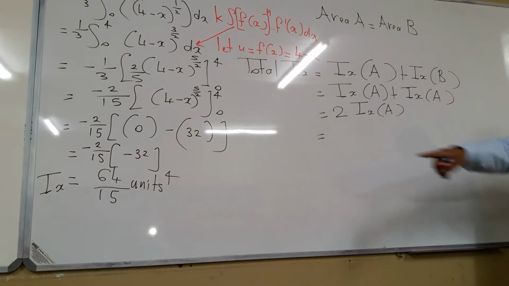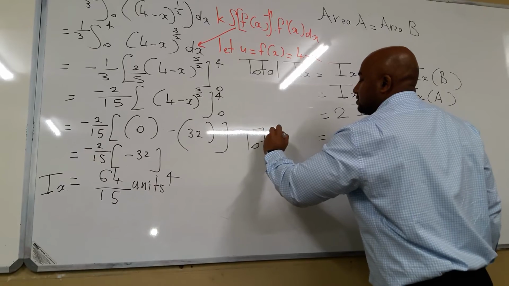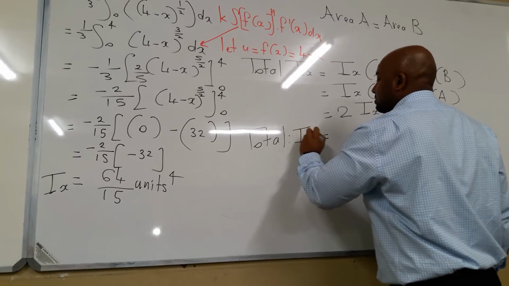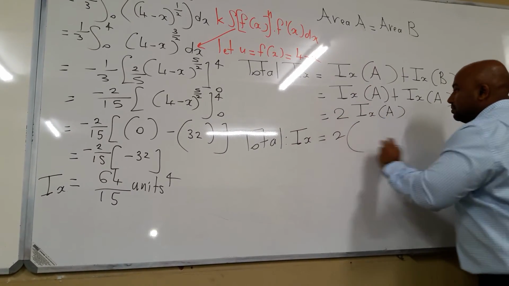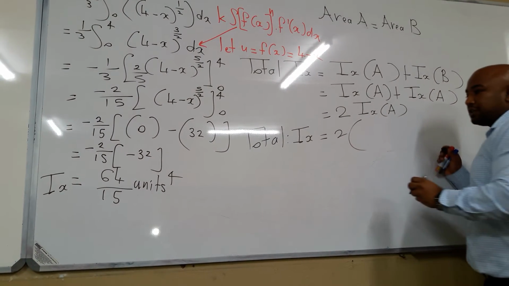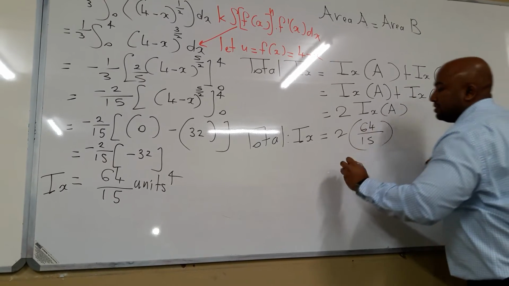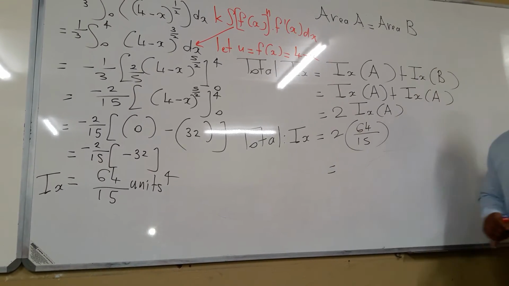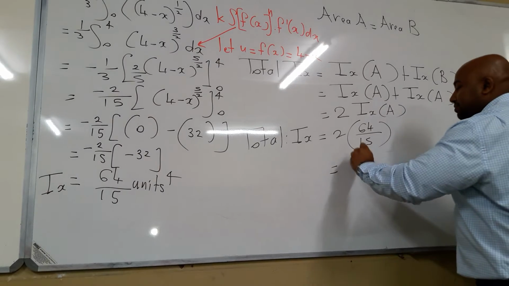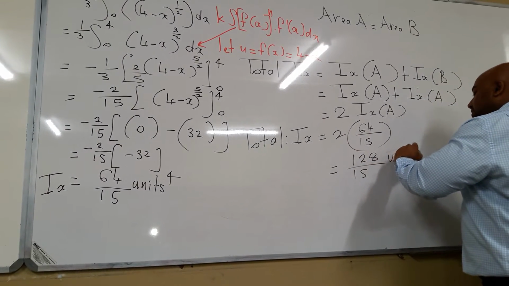So what did we just work out now? We just worked out our second moment of area, which was 64 over 15. So 2 times 64, you get 128 over 15.